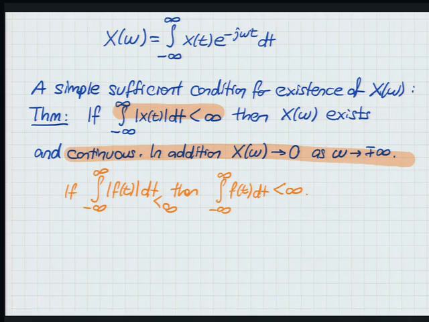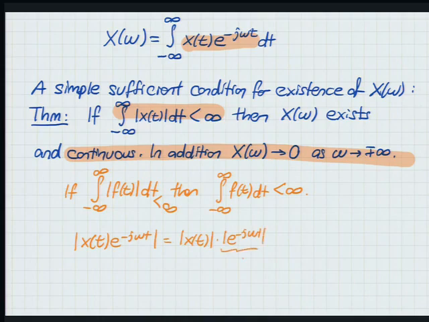But basically that's what's happening here, because the thing that I'm really integrating is this, right? x of t e to the negative j omega t. What is the absolute value of x of t e to the negative j omega t? It is the absolute value of x multiplied with the absolute value of e to the negative j omega t, and I know this is 1. So this is really nothing but the absolute value of x.